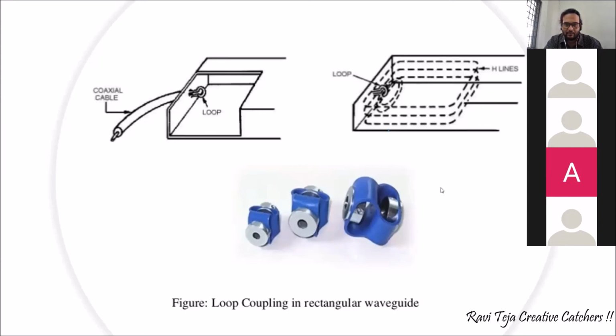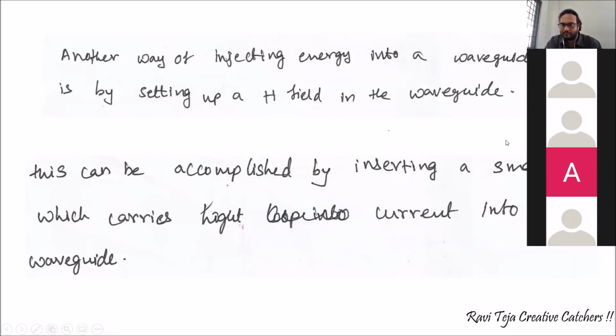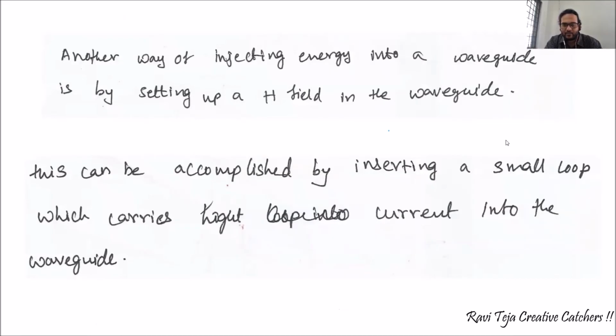After injecting energy into a waveguide, it is by setting up an H field, that means a magnetic field. So if you want to transmit or receive magnetic field kind of energy, you need to use coupling loops.